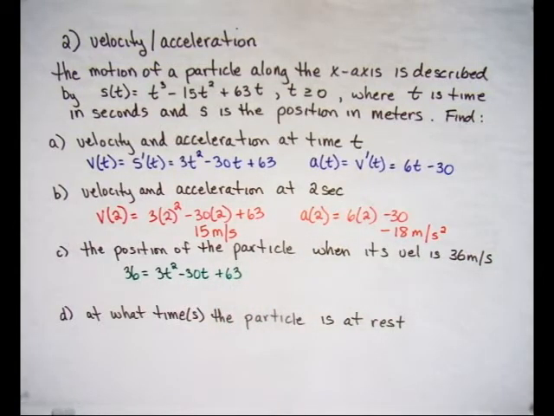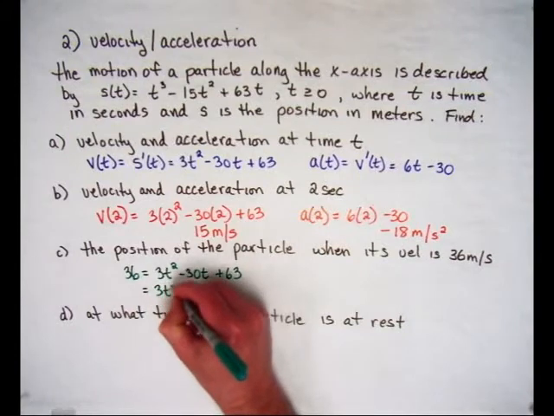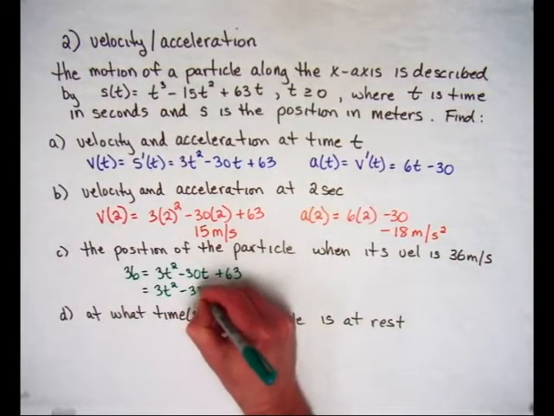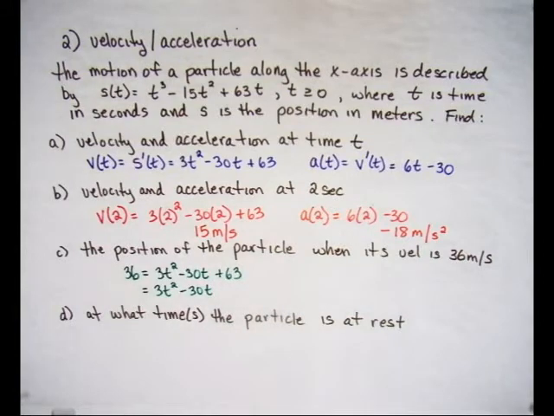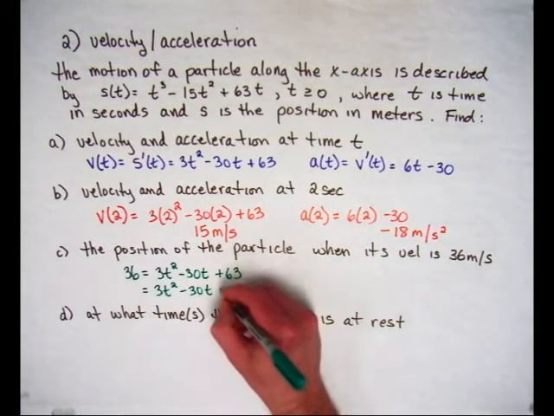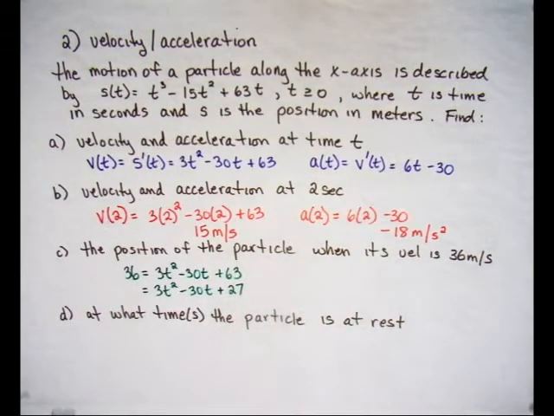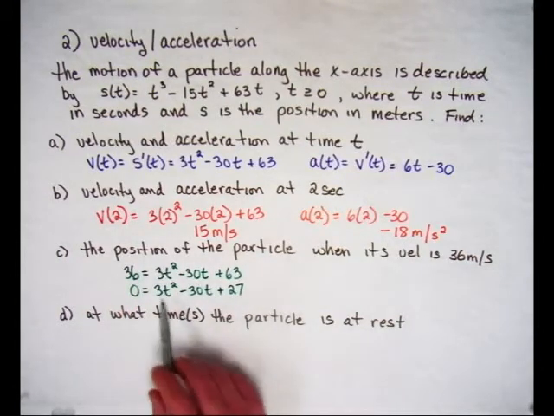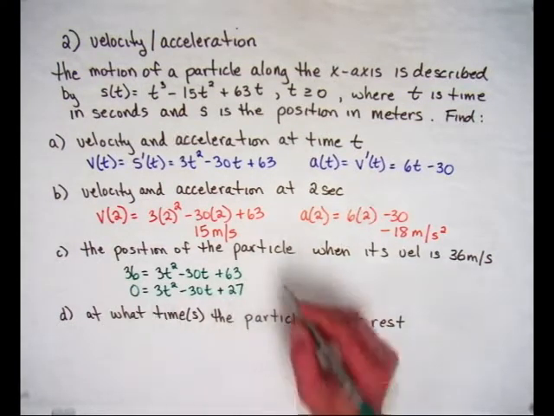Now we have a quadratic equation, so we need to solve for time. So we need to make it equal to 0. So 3t squared minus 30t, we need to subtract the 36, which will give us 27. And now this is equal to 0. And now we need to factor. One factor of 3, so we can take the 3 out, and because it's a constant, we can divide by 3.